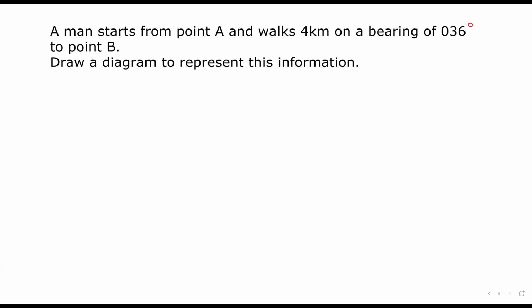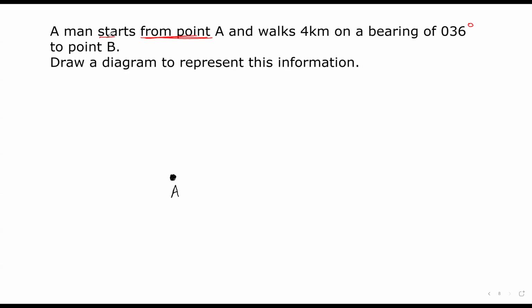Okay, so he's at point A. Let's say this is point A here. And he walks for 4 km on a bearing of 36 degrees to point B. So in other words, B is on a bearing of 36 from A. Remember I told you all, "from" tells us the starting point, and they actually said it, right?